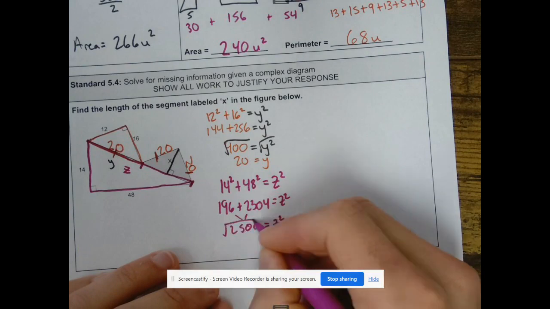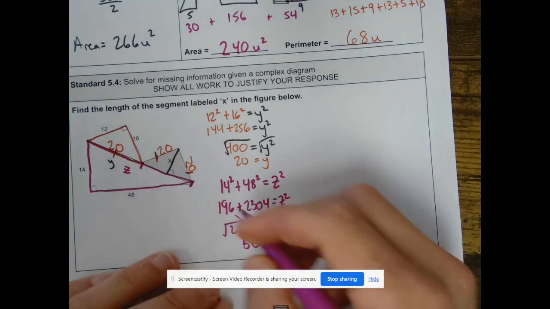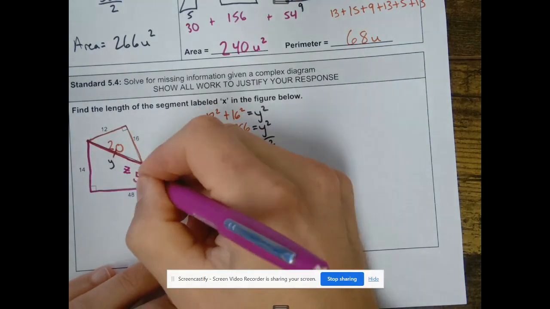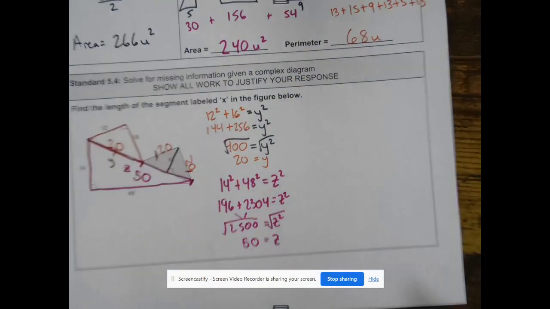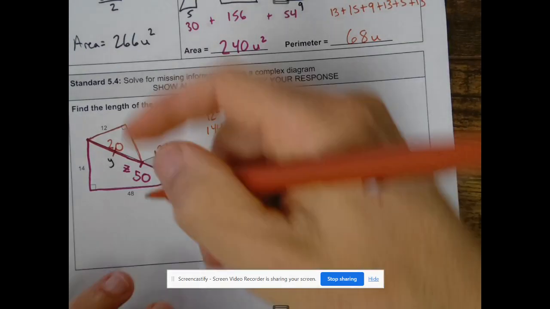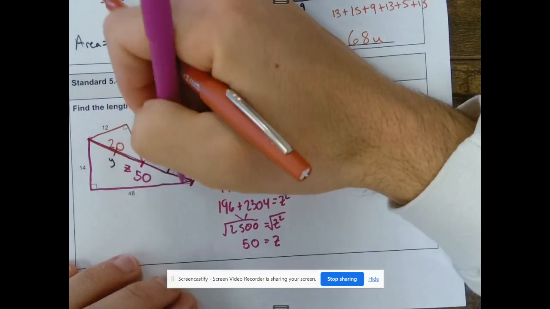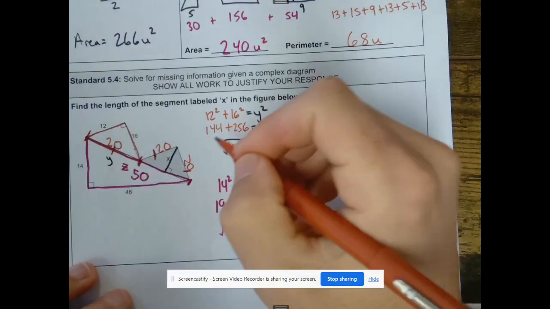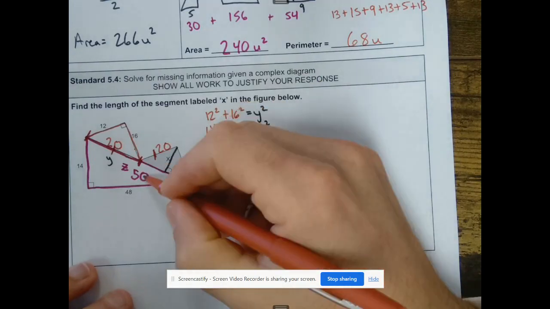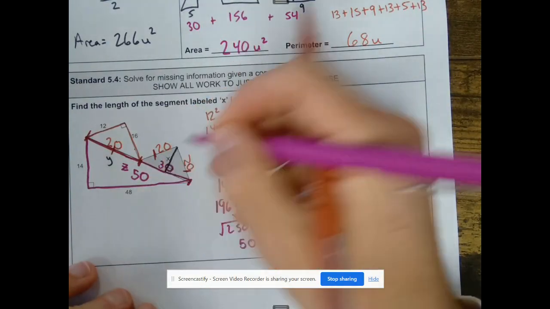Last step, square root both sides. Turns out z is equal to 50. So this whole long length is 50. Therefore, what must this distance be from here to here? Well, if this whole distance is 50, and this part is 20, 20 plus what equals 50? This distance here must be 30.